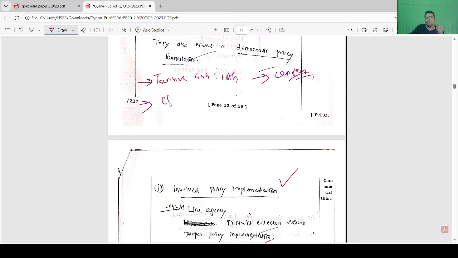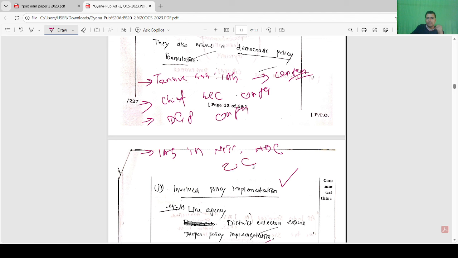Second, the Chief Secretary Conference, DGP Conference, All India Service officers in NITI Aayog, NDC, Zonal Councils, and NIA, the National Investigating Agency.